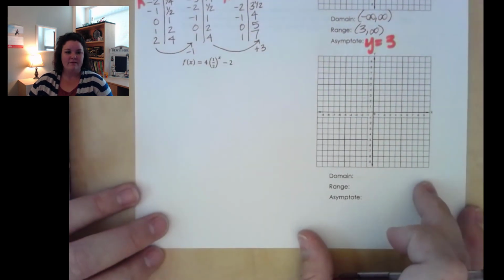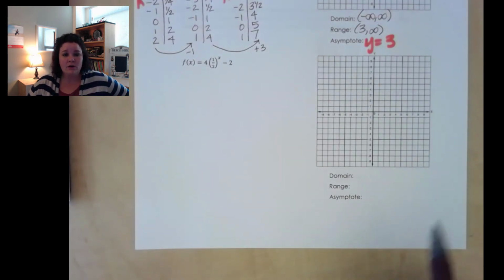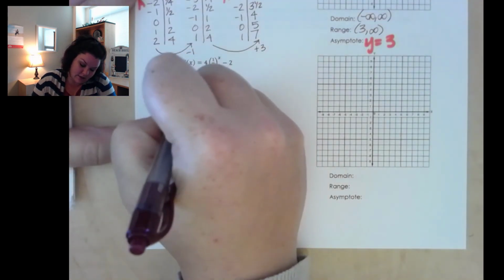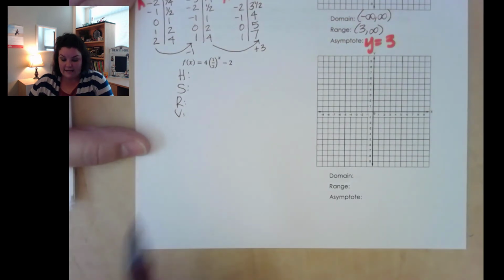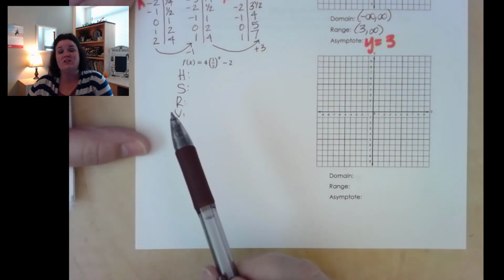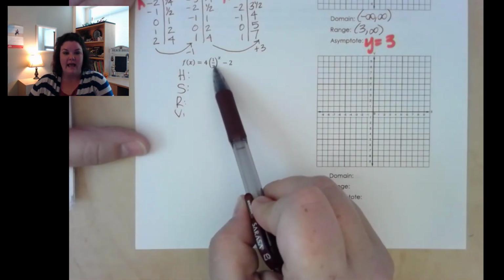So here we have f of x equals 4 times 1/2 to the x minus 2. So the first thing I want to do before I identify any transformations or anything like that is I want to go ahead and identify what is the exponential parent function, or what's my exponential base here. So notice the thing with the exponent is 1/2.